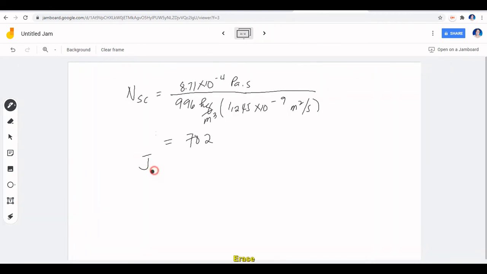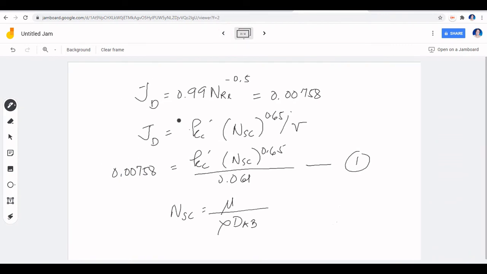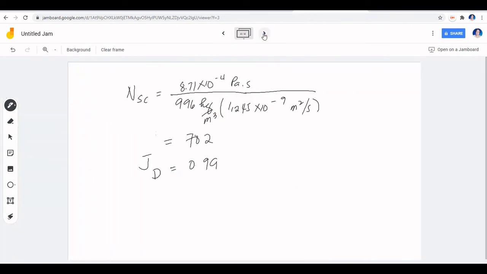So you have J sub D being equal to 0.99. By the way, this is the J sub D that I have written already here. So I will have to use a J sub D that will point us to the k sub c. And that J sub D is given by this particular formula.